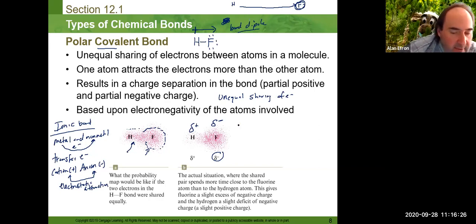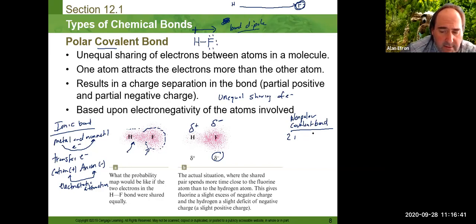On the other end of the spectrum, you have your nonpolar covalent bond. People just call it a nonpolar bond in most cases. This is between two nonmetals, and we have equal sharing of electrons. An example would be F2, H2, any of those.